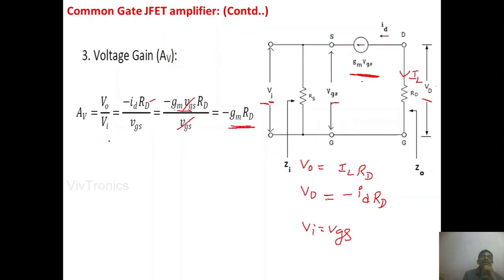Okay, so this is about the analysis of a common gate amplifier, and also we have discussed the common drain amplifier. These amplifier configurations are very useful because JFETs offer very high voltage gains as well as very high input impedances. Because of those reasons we use JFETs instead of BJTs. So we have already seen the common source amplifier, common drain amplifier and common gate amplifier.